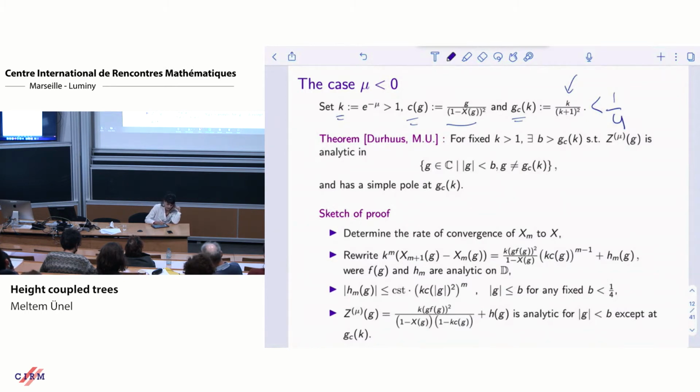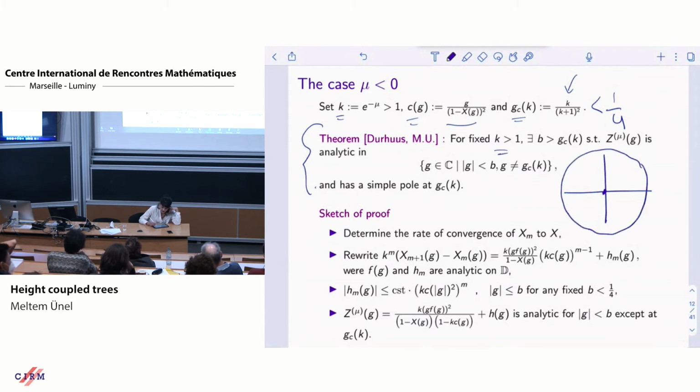And then the main result says that for fixed k, my generating function for these normalization factors, whose asymptotic behavior I want to understand, is analytic in a disk around 0 of radius b, where b is greater than this critical value here, so, except one point, that is k over (k plus 1) squared, where the generating function has a simple pole.